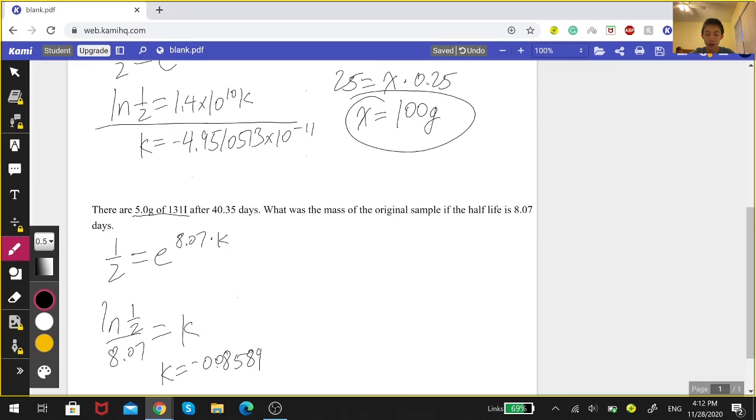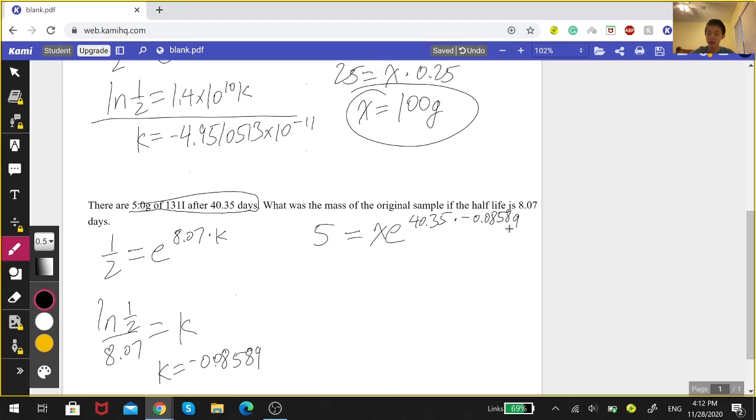Now we're going to use the second part of the information we're given. There are 5 grams after 40 days. So instead of writing 1/2 x, we're going to write 5 grams is equal to x, which is what we're looking for, times e to the 40.35 days, which is time, times k, which is negative 0.08589.